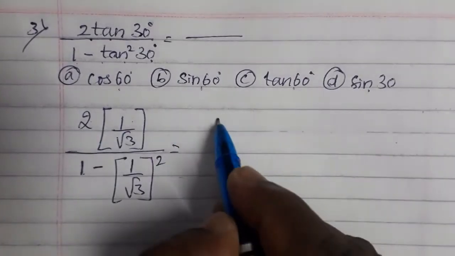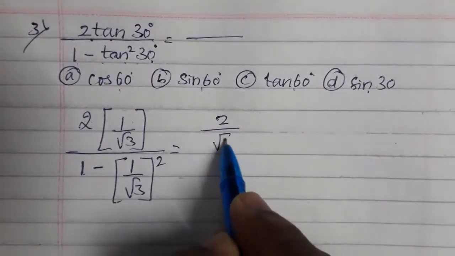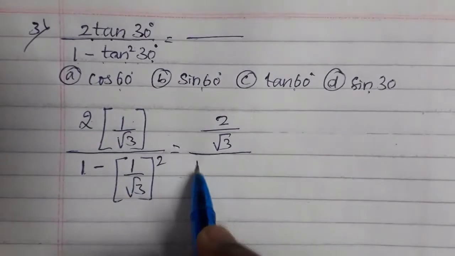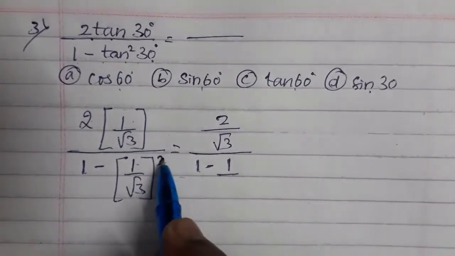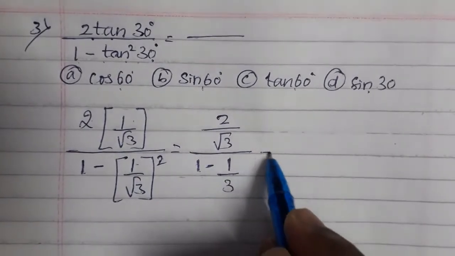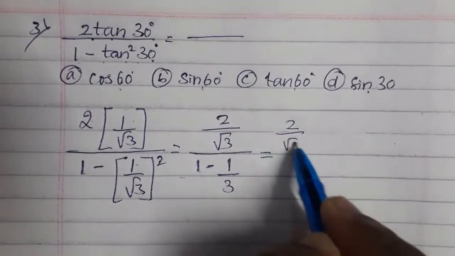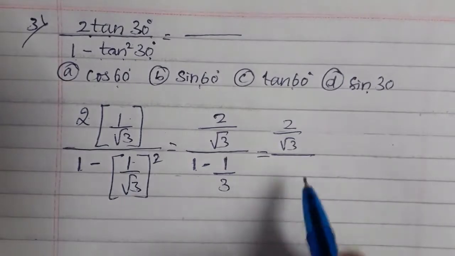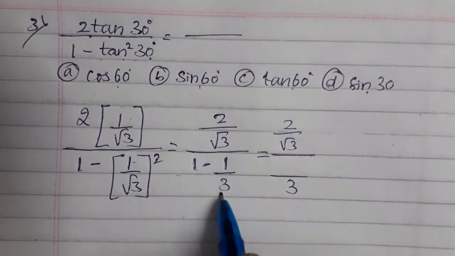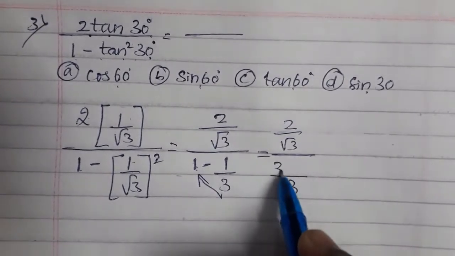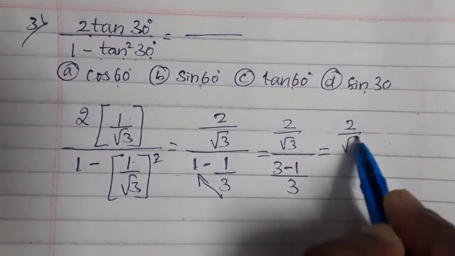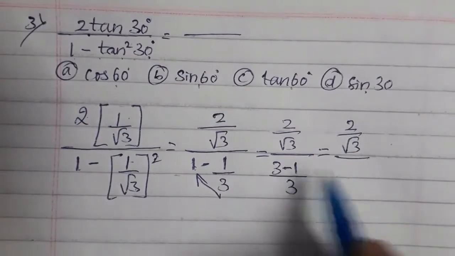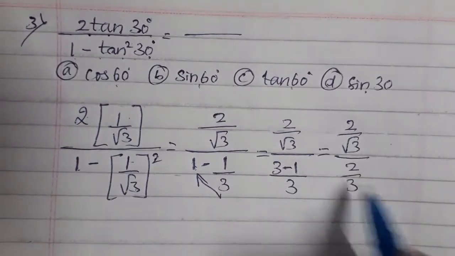Okay, 2 ones are 2. Now simple arithmetic calculations. 1 minus 1 square is 1. Root 3 the whole square will become 3. So 2 by root 3 divided by, take the LCM. 3 will be the LCM. 3 minus 1, so 2 by root 3 divided by 2 by 3.